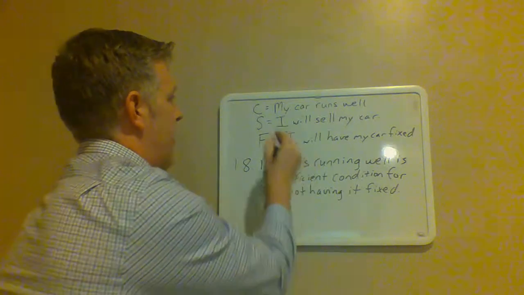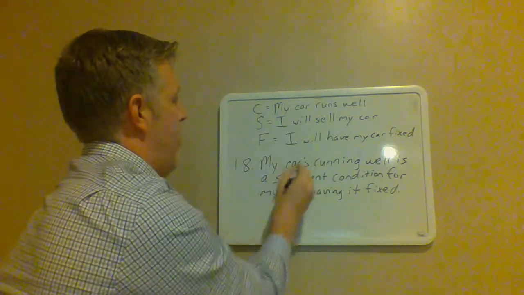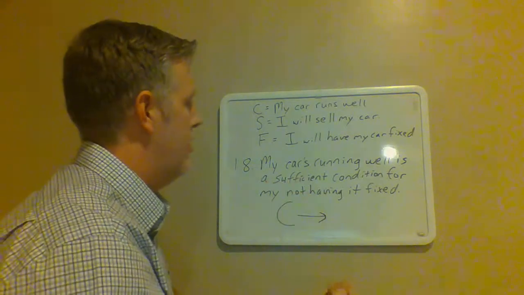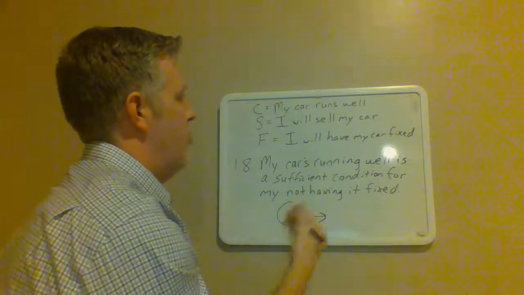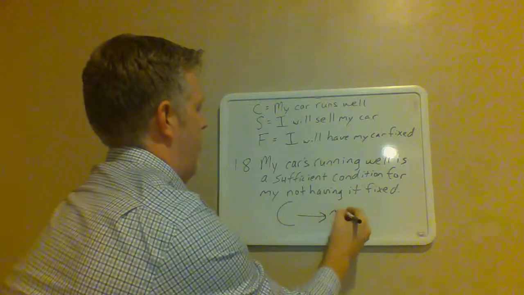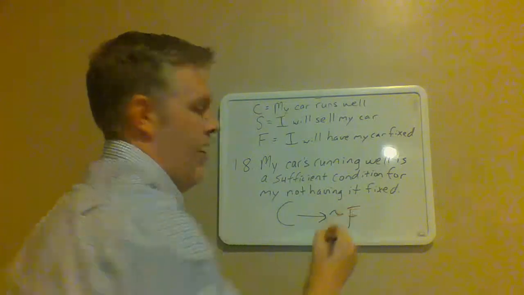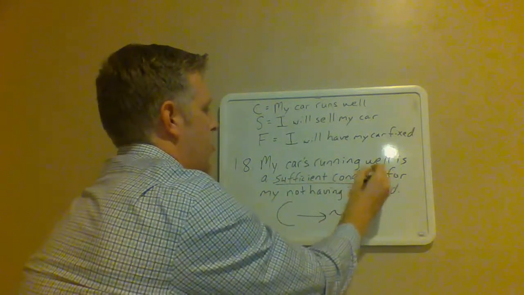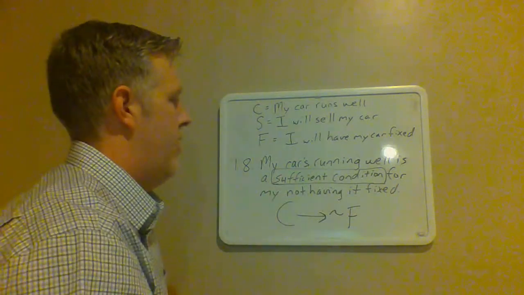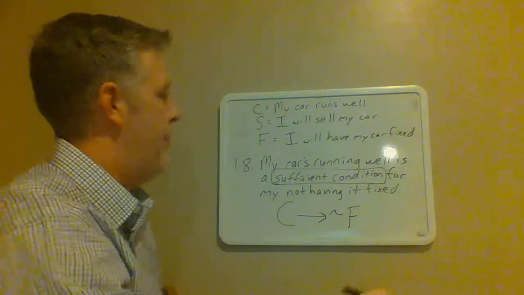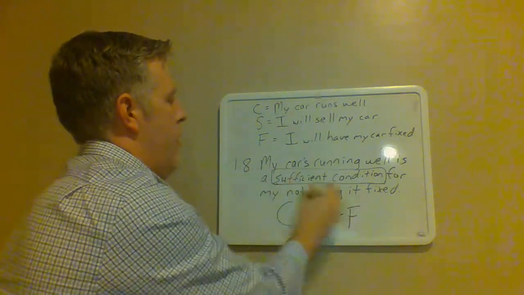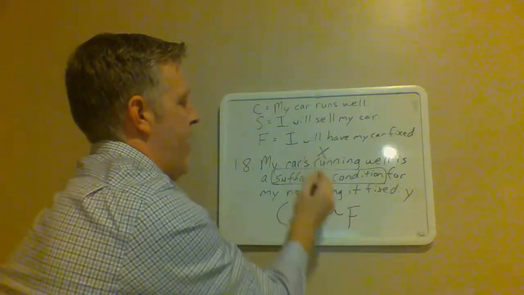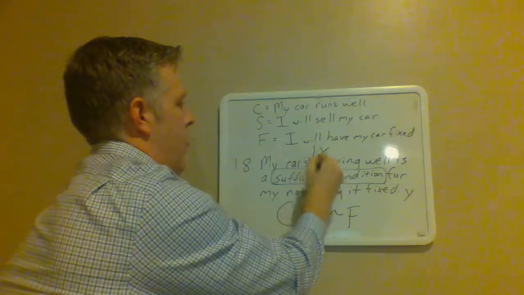That, look, if C is the case, my car runs well, that's a sufficient condition, or that'll guarantee that I won't have it fixed. There's no reason to have it fixed, so not the case that F. Okay, so sufficient condition you can sort of read as guarantees, right? It'll guarantee that whatever follows will happen. So if X is a sufficient condition for Y, X is guaranteeing that Y will happen. If X happens, then Y, basically. Okay.